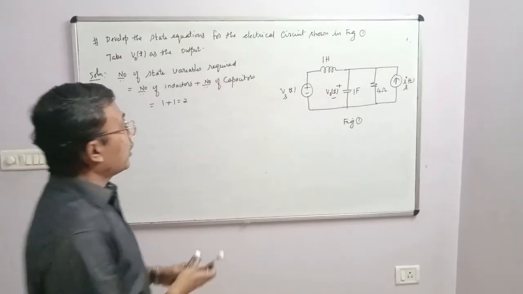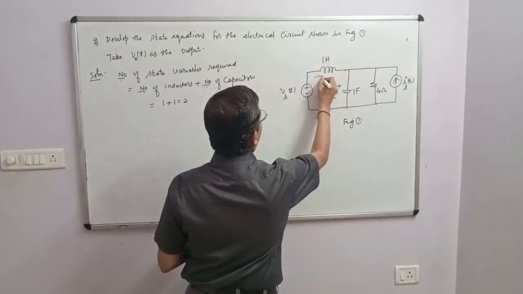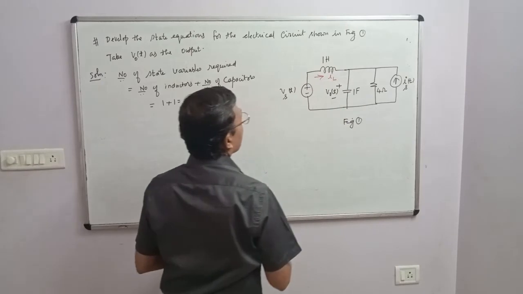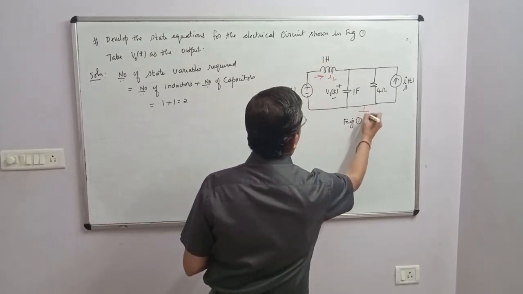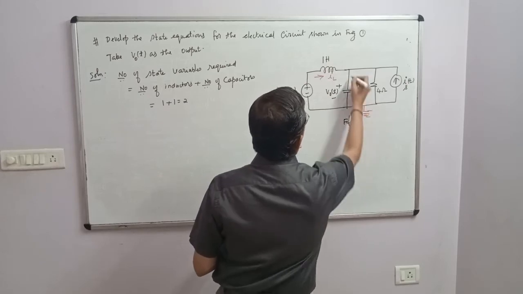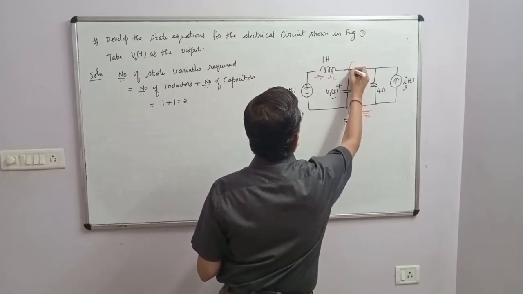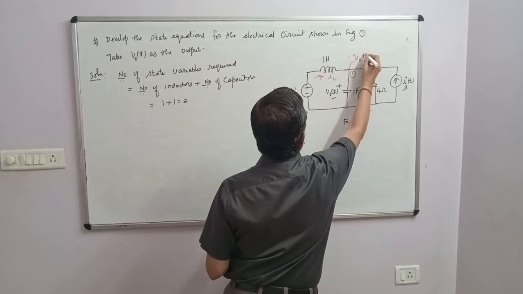Mark current in the inductor. This current I will call IL. Voltage across the capacitor is V naught. This is the reference node. If you call this node 1, the potential of node 1 is V naught of t.